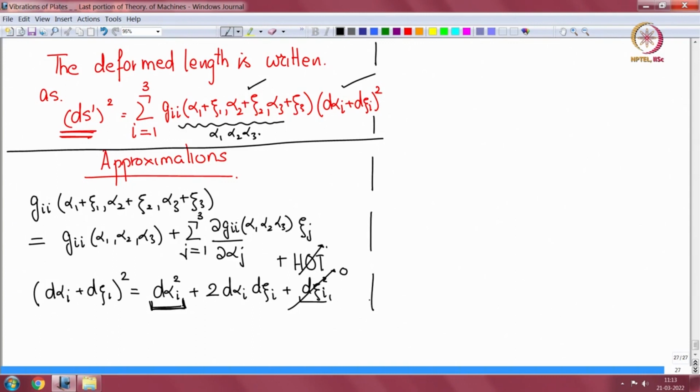Next. Okay. Now, what is d xi i? Xi i as a function of alpha 1, alpha 2, alpha 3 is a continuous displacement field.